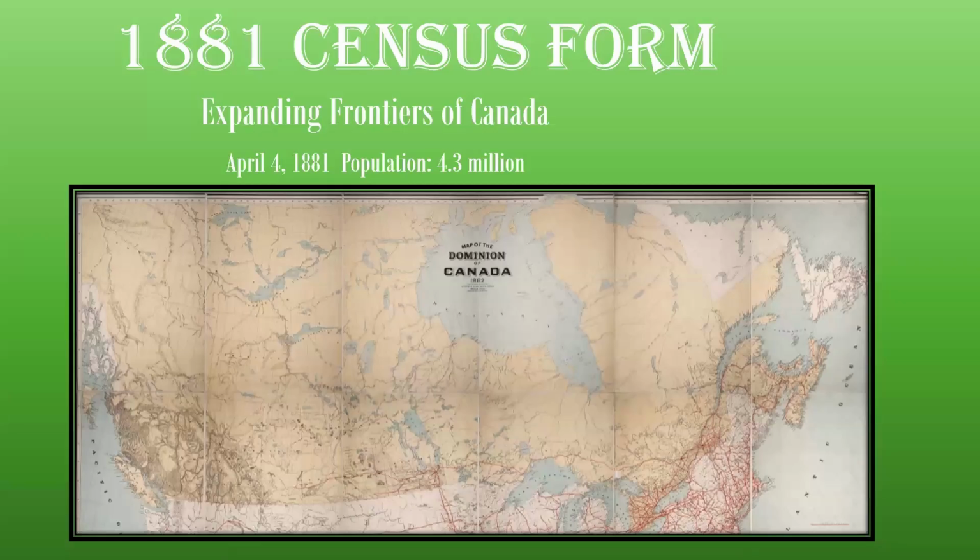In the 1881 census, now we're beginning to expand. It's April 1881, and the population has now jumped to 4.3 million. And this is when we're going to begin to see that expansion into the West. Manitoba had joined in 1870, even though it was not included in the 1871 census. British Columbia in 1871.